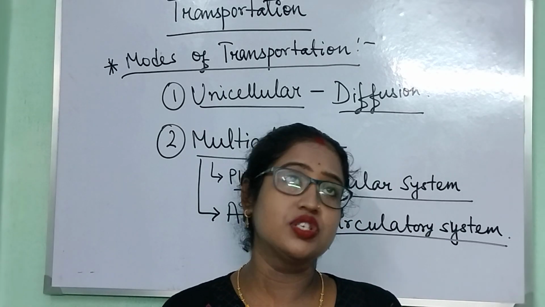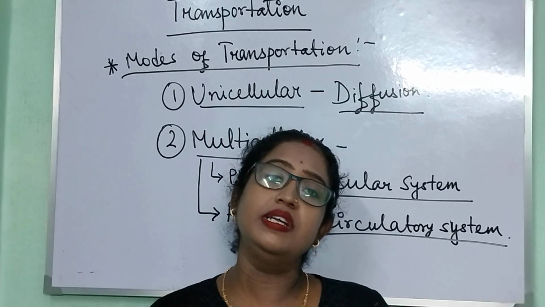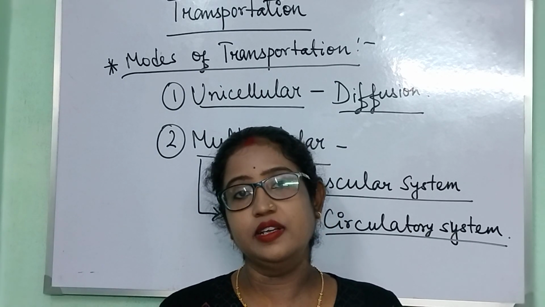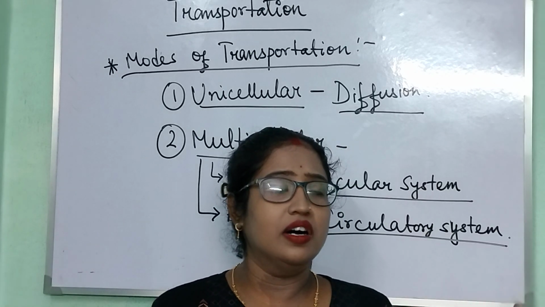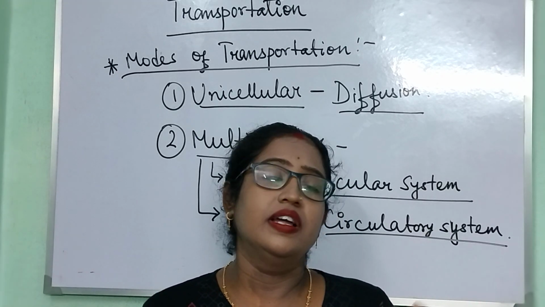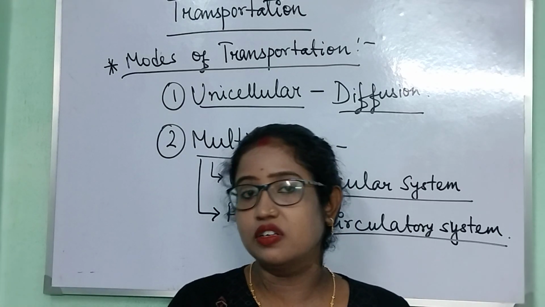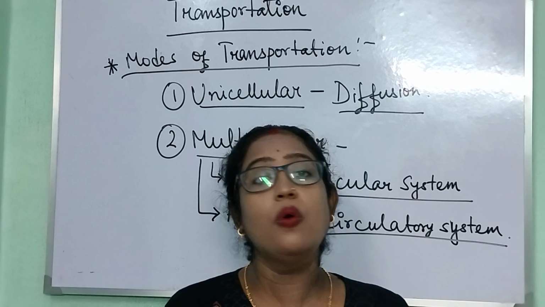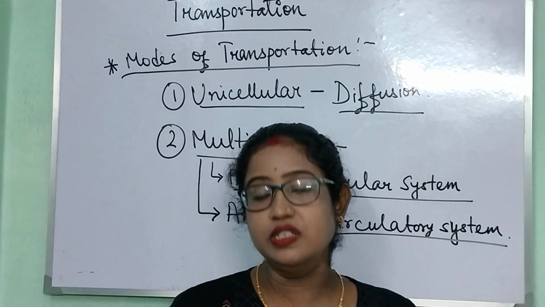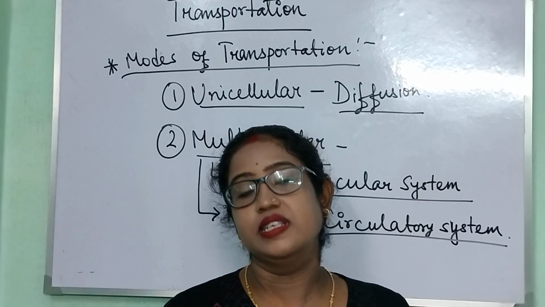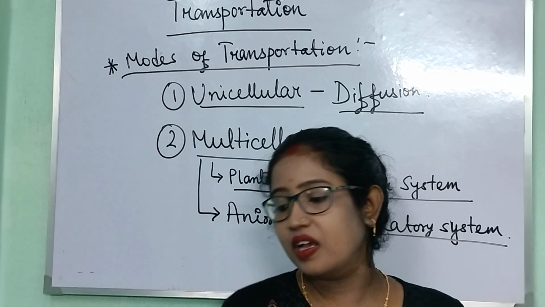Their body cavity is open and the circulatory medium flows openly in their body. In insects like cockroaches and ants, the circulatory system is open type. Whereas in humans and higher order animals, the circulatory system is the closed type.